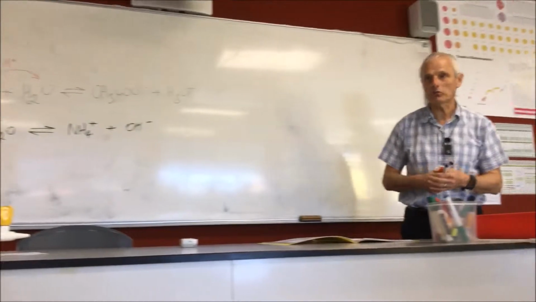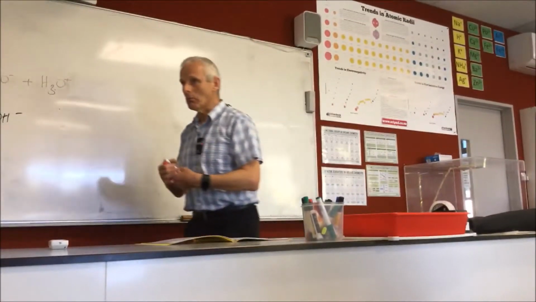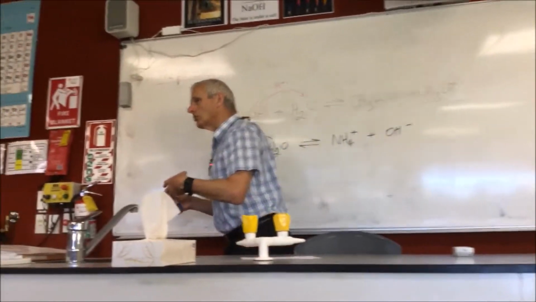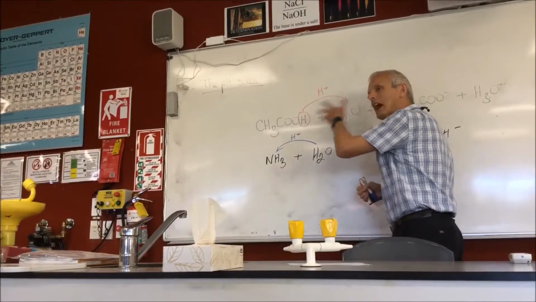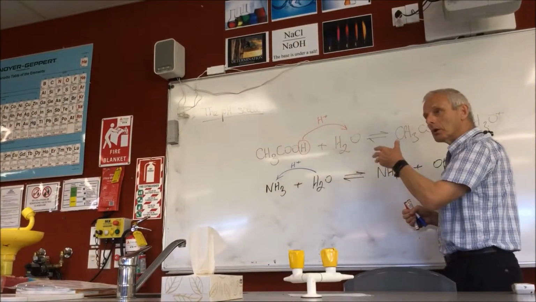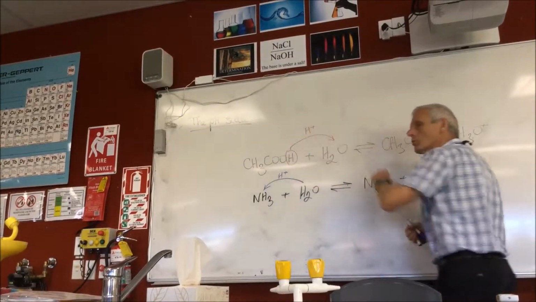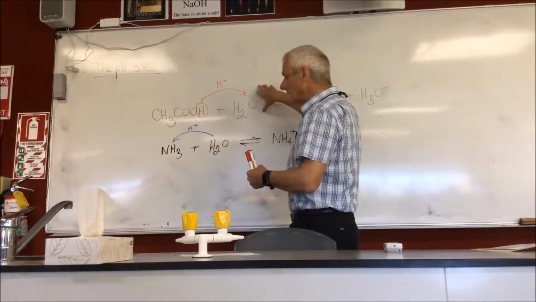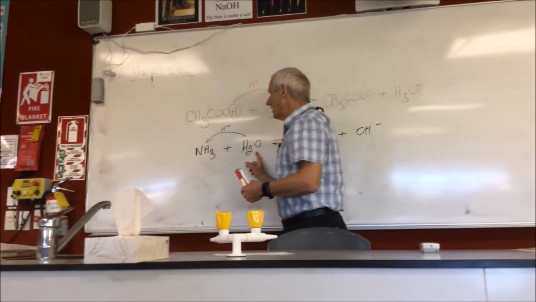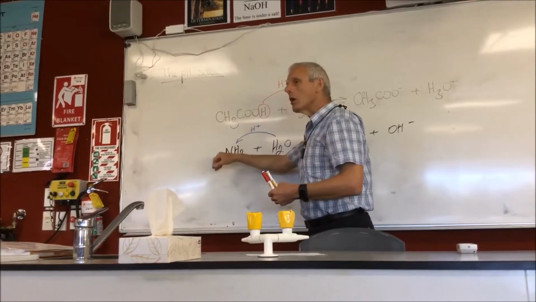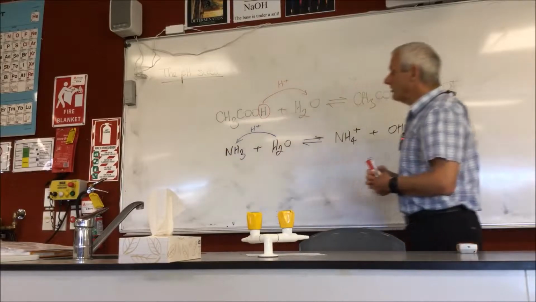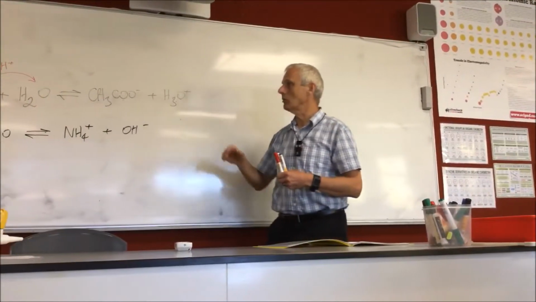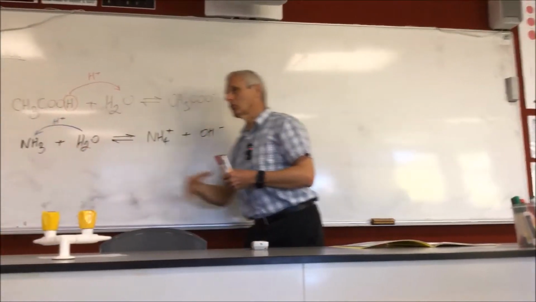Ammonia accepts H+, so that's what makes it a base. So we're talking in terms of definitions that involve a mechanical process, something being moved from one thing to another. An acid loses H+ and transfers it to something else. In the case of a base, the H+ is coming in the opposite direction, and the base is a proton acceptor. So acid, proton donor; base, proton acceptor.